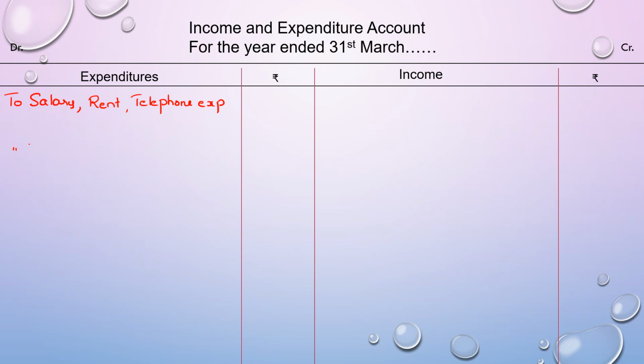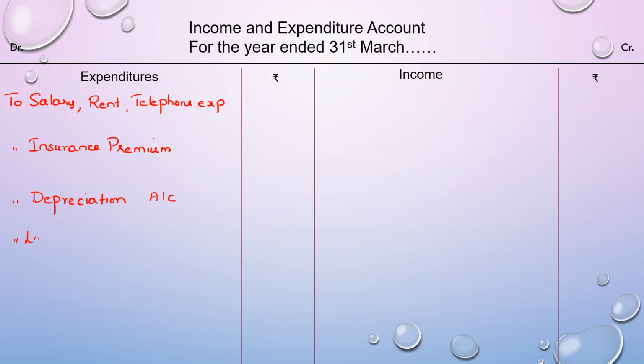Next, you could find items like the insurance premium which is paid during the year, which is related to the current year. You can have items of non-cash expense like depreciation on the fixed assets which are owned by the not-for-profit organization. So that comes into the debit side.